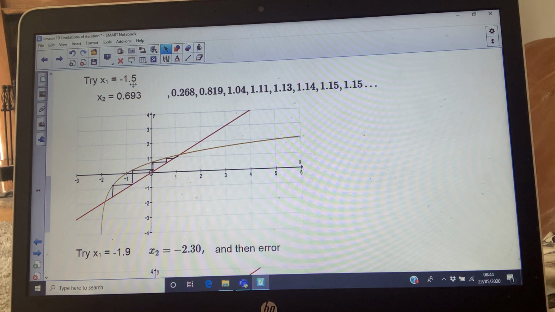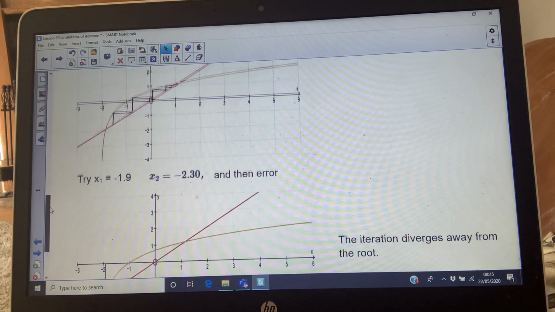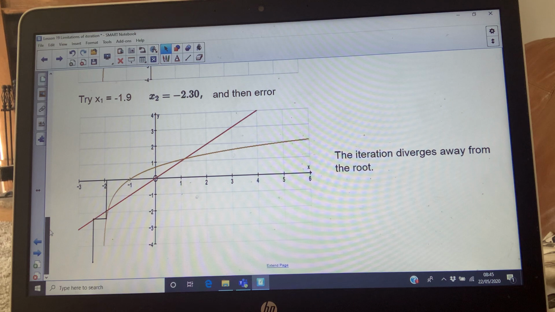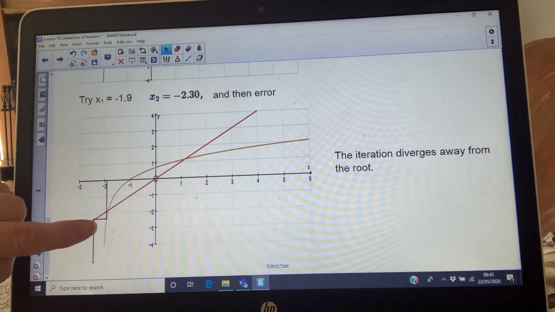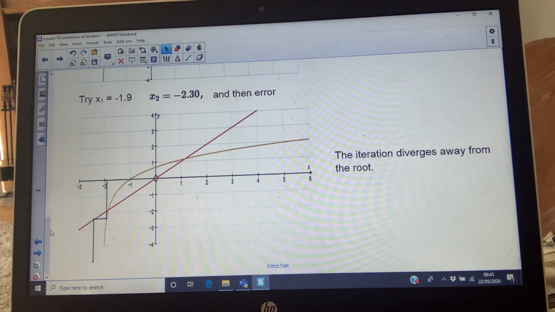And if you put that in your calculator, you'll find that it'll go back up to this root here. And here you can see if I try x is minus 1.9, and I go curve, line, it just diverges away, and then suddenly, error.